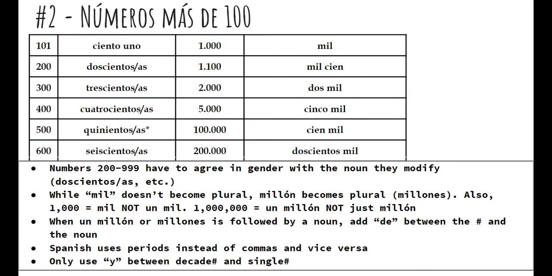It's not ciento y uno. That is between a century number and a single digit number. No y. You've got 200,003, let's say, doscientos mil tres. Between a decade and single digit, you get the y. It's the only time you have the y.